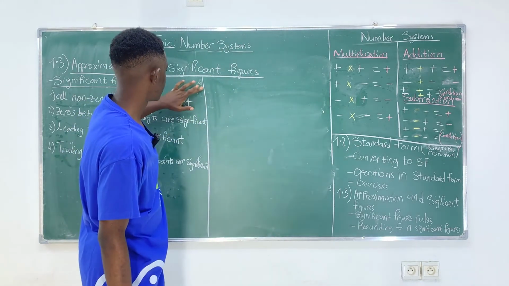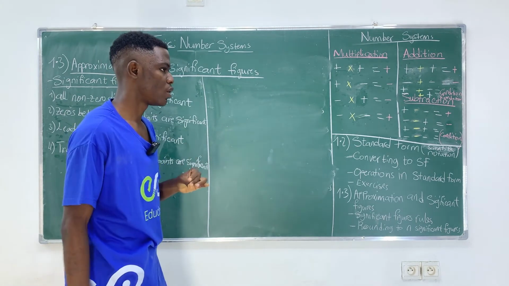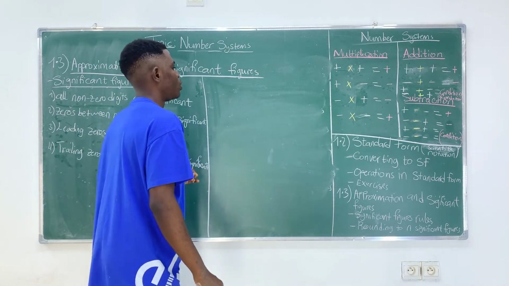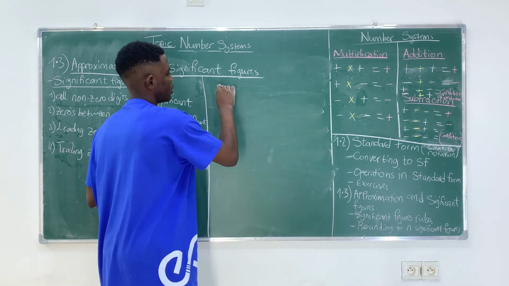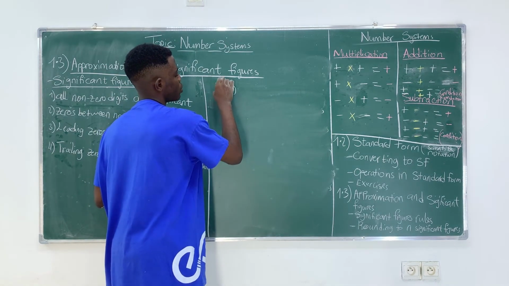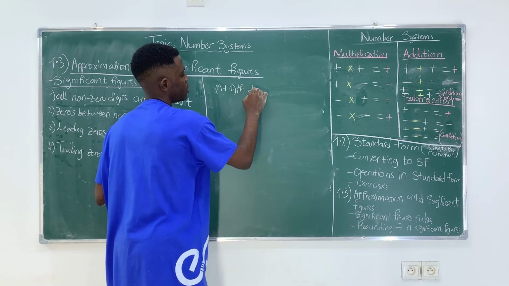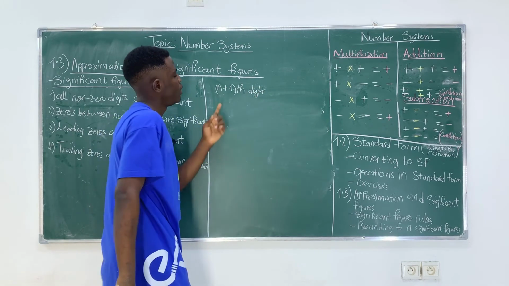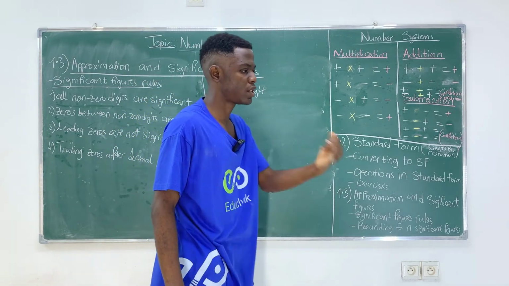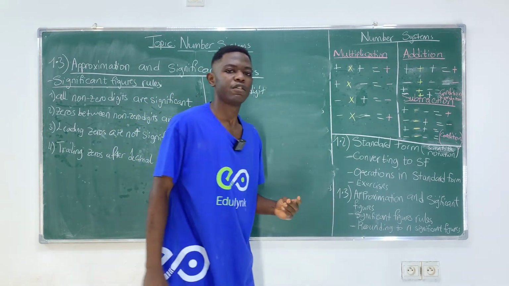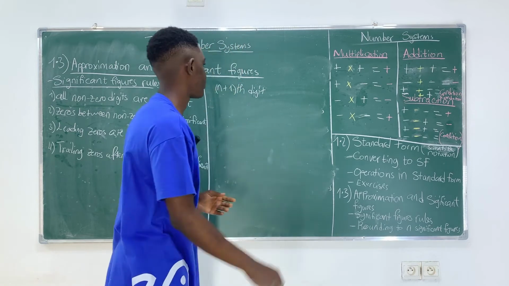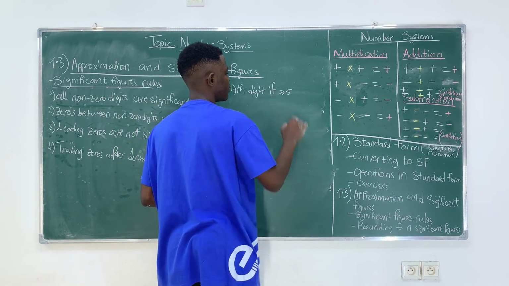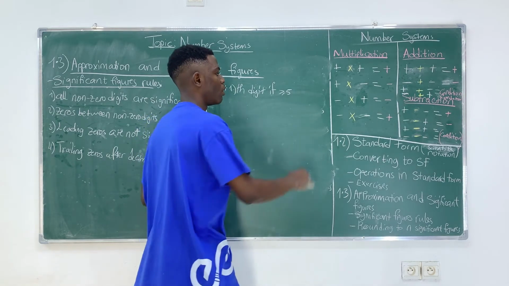Okay, so what is the rule to round to n significant figures? N plus 1 digit. N plus 1 digit just means the next digit. If it is greater than or equal to 5, you round up.